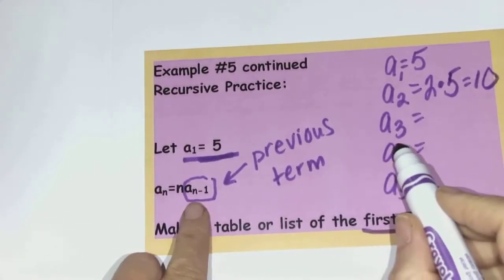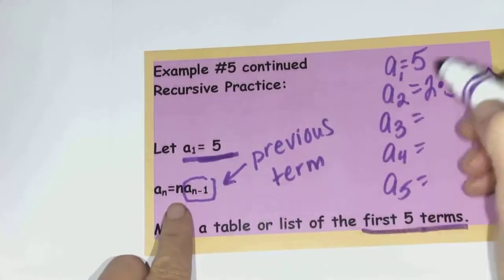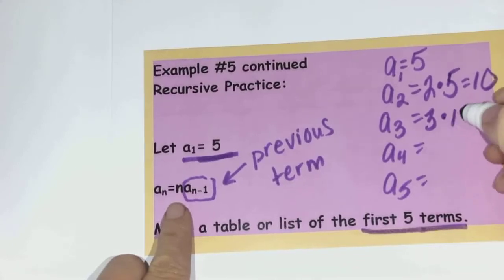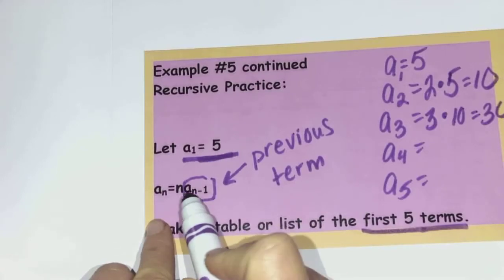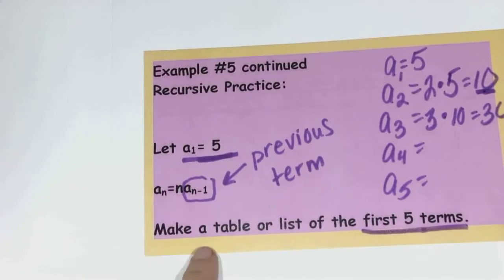So now I'm going to go to the next one. I'm finding the third term, so I plug in a 3 for n. So it's 3 times my previous, which was a 10, gives me 30. Because think about this, if I plugged in a 3, this would be 3 minus 1. It would be a sub 2, which is my previous term. So instead of plugging it in, I personally just say previous.